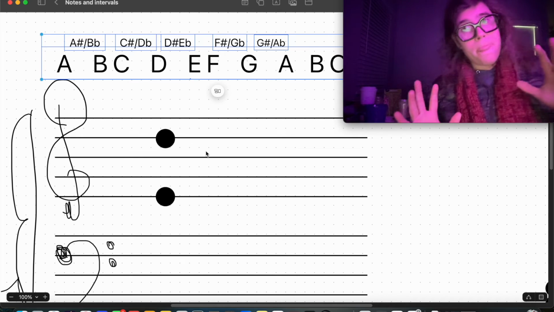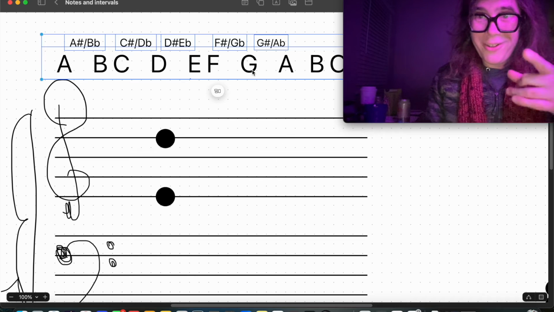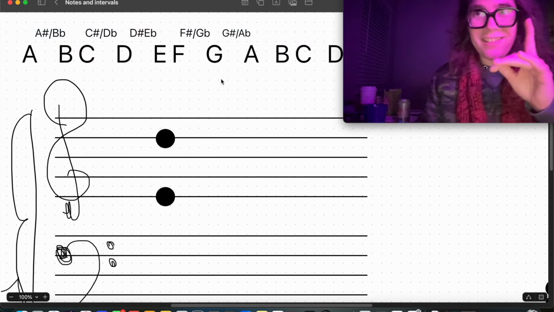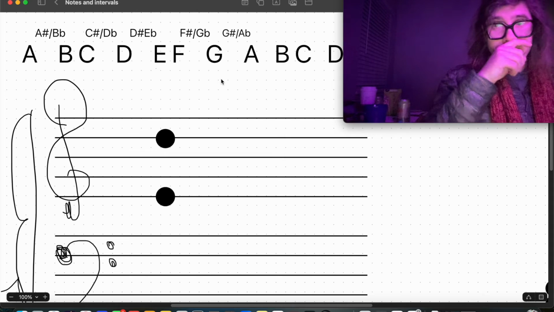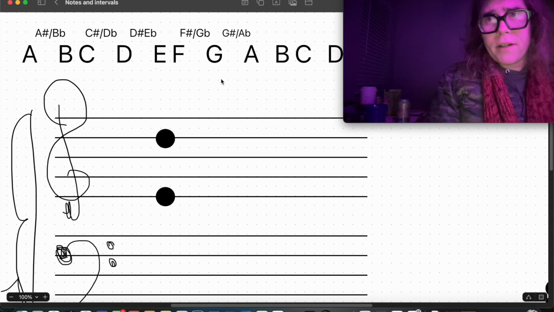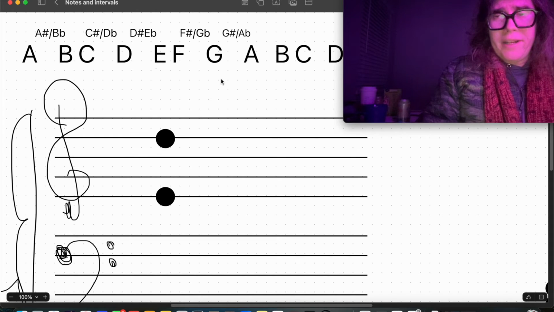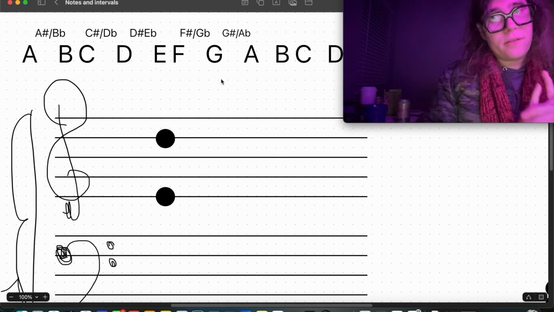Now, you can think about it with your note lined up here, right? Let's check it both ways. Hear me out. So let's go from the E. For the stuff that we're doing right now, we don't need to concern ourselves with the accidentals just yet.